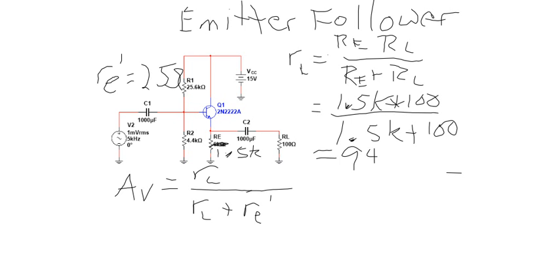In this case, it's 94 over 94 plus 25. 25, I'm thinking ahead, it's going to be 119, so 94 over 119.